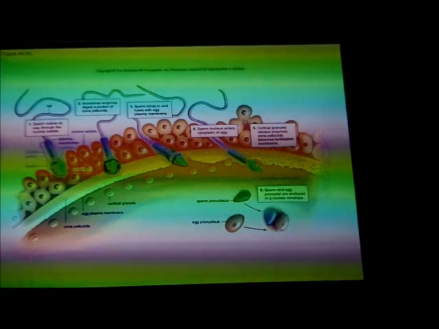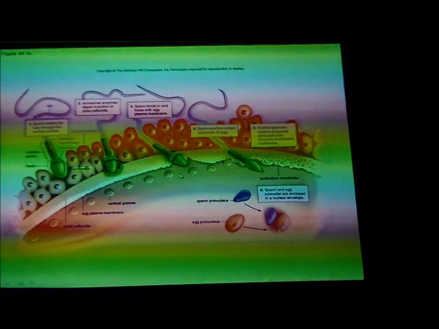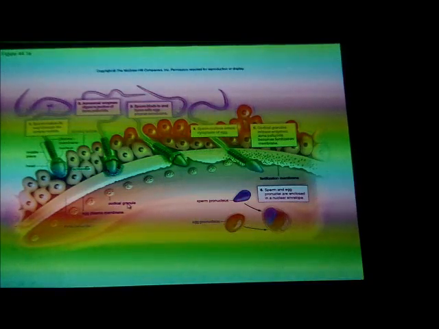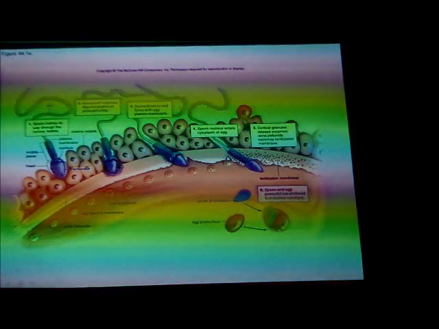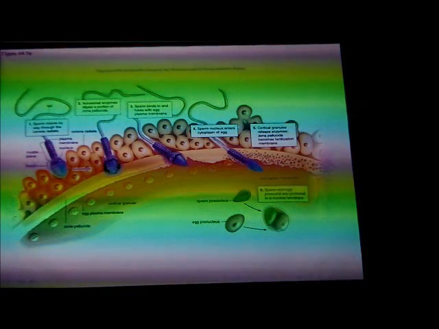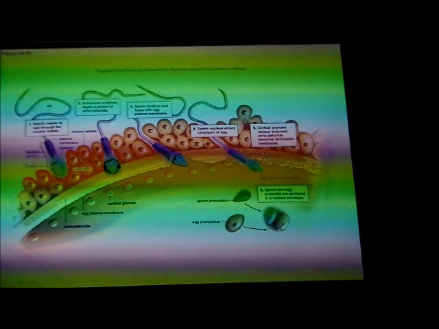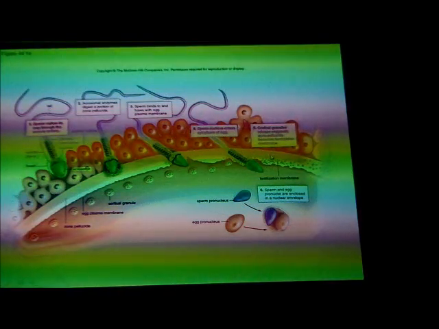There's a special kind of these little circular things here called cortical granules, and they release an enzyme that goes around into this zona pellucida and forms a barrier that other cells can't penetrate.